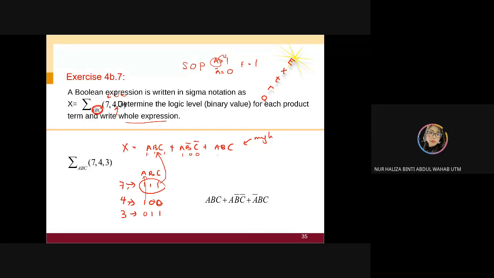The third one, 0, 1, 1: 0 will be A bar, B will be 1, which is without bar, C also 1, so without bar. So this is your answer.